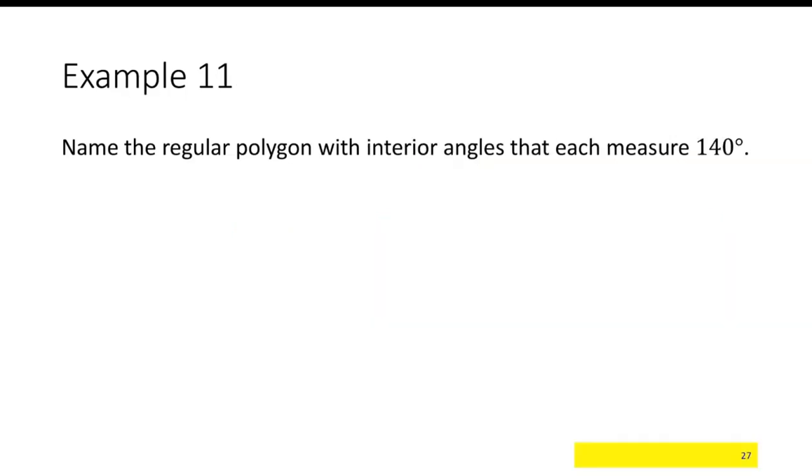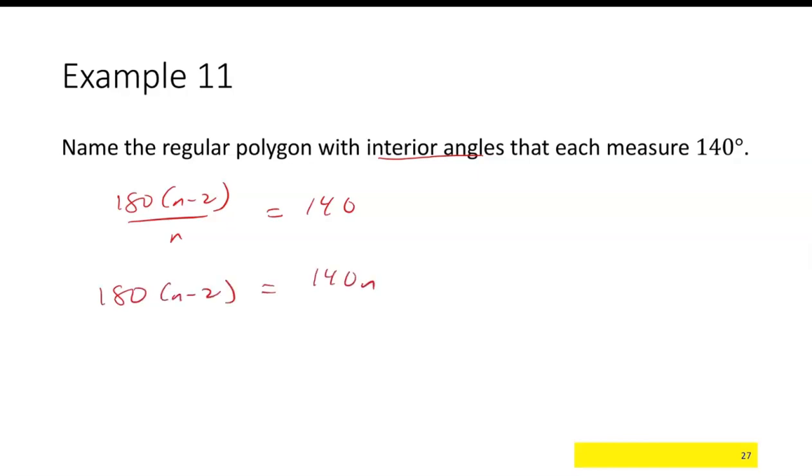Now, name the regular polygon with interior angles that each measure 140. So if you recall, an interior angle is a bit more complicated, where we'll have 180 times n minus 2 over n equal to 140. You might find this easier to just plug in, do the guess and check method, but to solve this, we would multiply both sides by n. So we'll have 180 times n minus 2 equal to 140n. I would then use the distribution property.